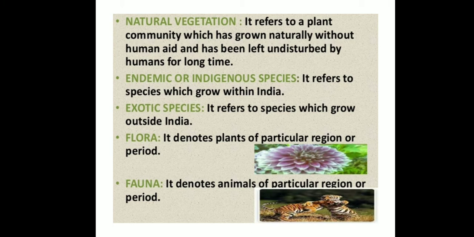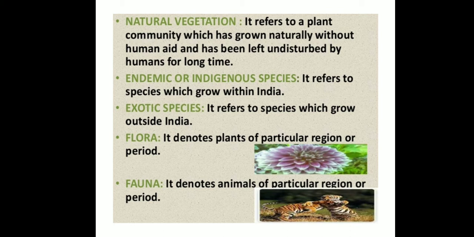Now, natural vegetation is of two types. First, plant species that originate from the country, that means endemic species, and the next is exotic species, which refers to species that grow outside India.